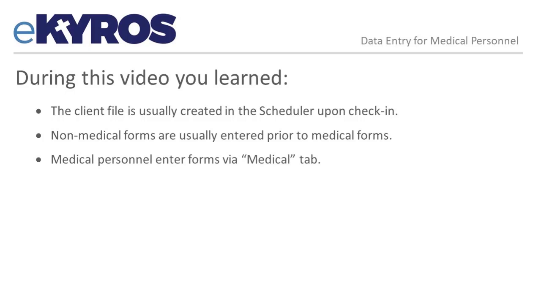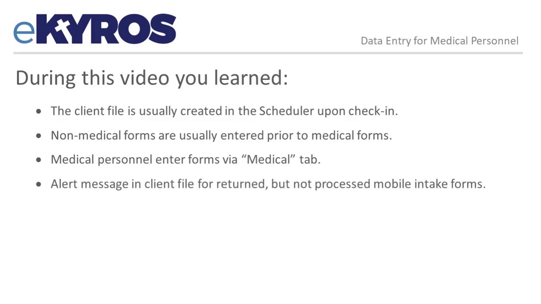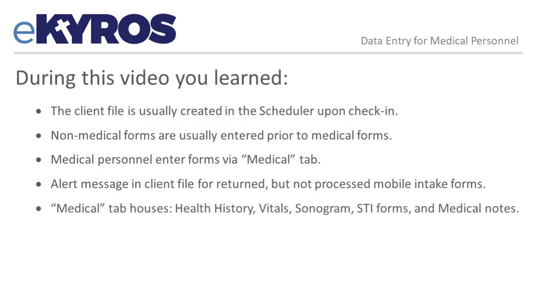You learned that medical personnel enter in their forms through the Medical tab in the client file, and you learned that you will see an alert message at the top of the client file for mobile forms that have been returned but have not yet been processed and added to the client file. You learned that the Medical tab houses the client's health history, vitals, sonogram forms, STI tests, and medical notes, and you also learned that you can upload attachments to both the sonogram and the STI test form.